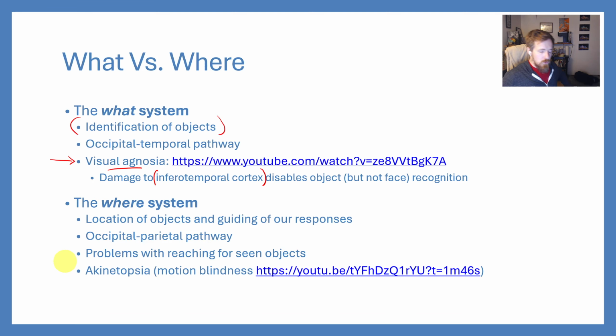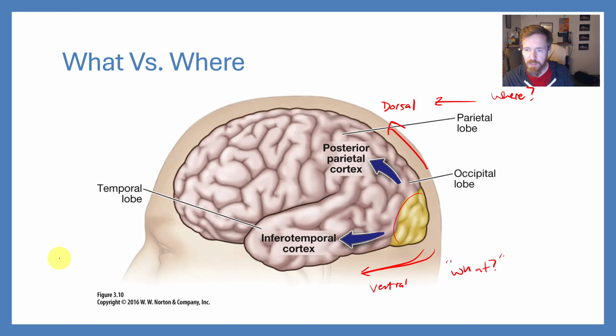All right, so this distinction is a conundrum that has plagued psychologists for quite some time, called the binding problem, because we have these two systems operating in the brain separately and independently for the most part.